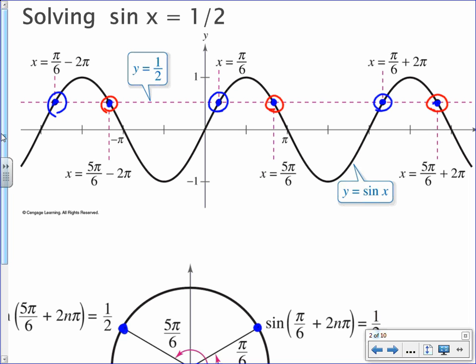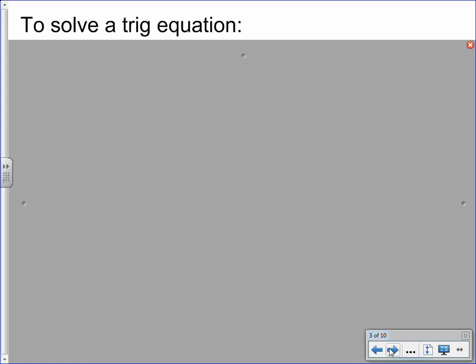Now, are all of our equations going to be the sine of x equals 1/2? No. We're going to have to use some algebra skills before we can use our trigonometry skills. So this is what you need to do. First of all, you need to identify what kind of function you're working with.